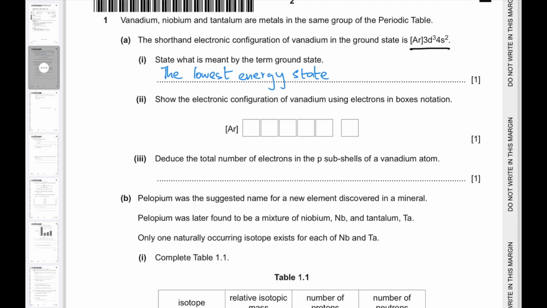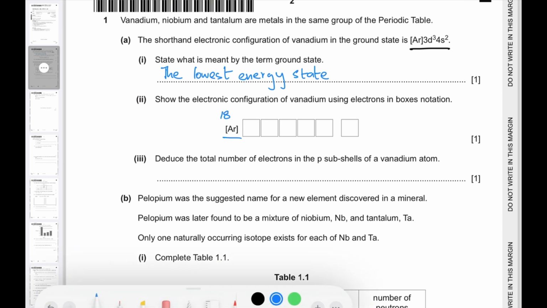Part 2. Show the electronic configuration of vanadium using electrons in box notation. The electronic configuration of vanadium is that of argon, which has 18 electrons, followed by 3d3 4s2. Here you need to know how to fill up orbitals. There are 5 orbitals in the d subshell and you've got 3 electrons for these 5 orbitals.